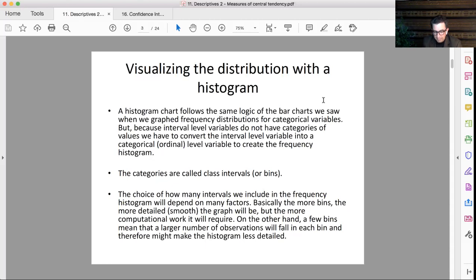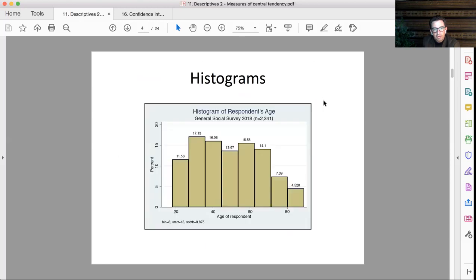It actually makes a variable that is interval level into a sort of categorical variable that puts values in certain categories and then plots those categories. But sometimes it's hard to do that, and we don't need that all the time.